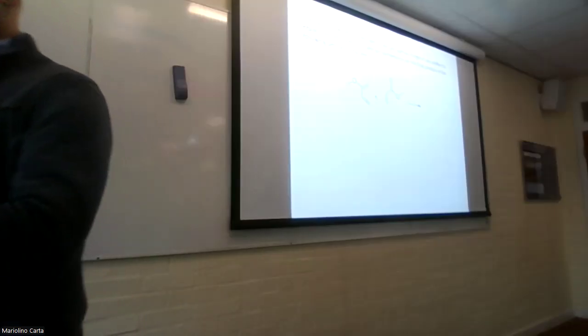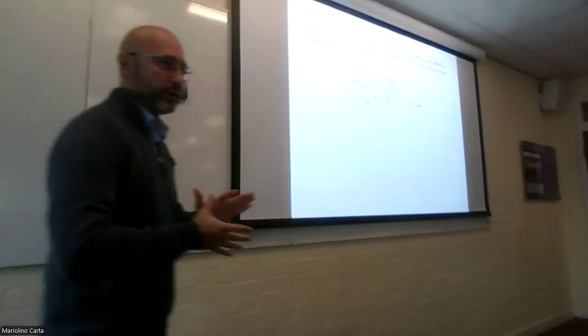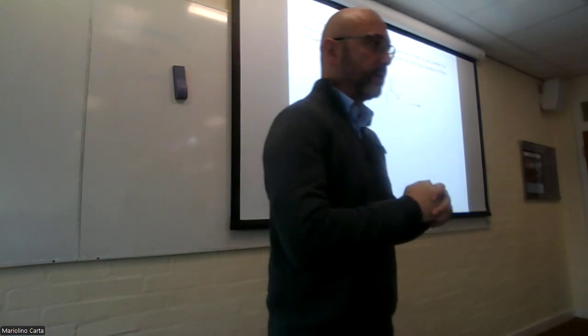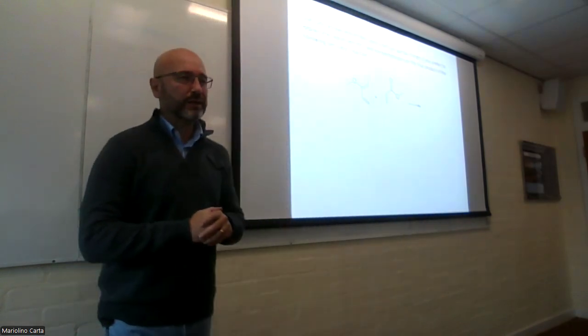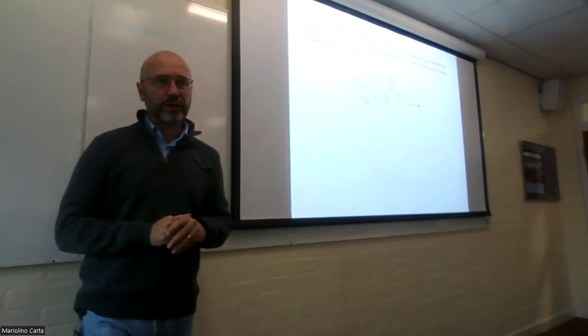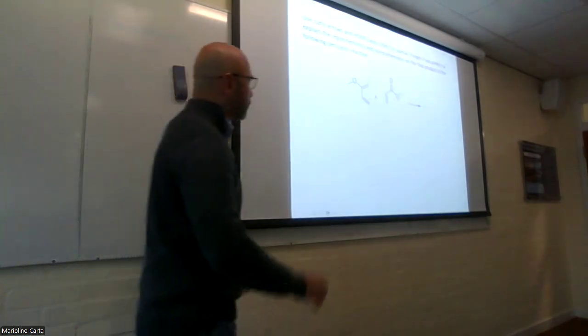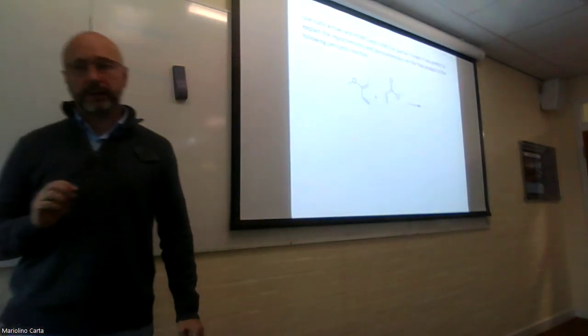So, where do you start putting the partial charges? Partial charges mean delta minus, delta plus. If you want to put minuses and pluses, I don't like it because they're not real charges, but I will accept it at exam. But if you put delta minus and delta plus, it's better.